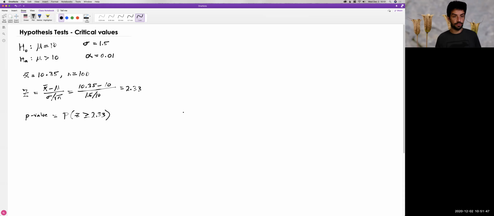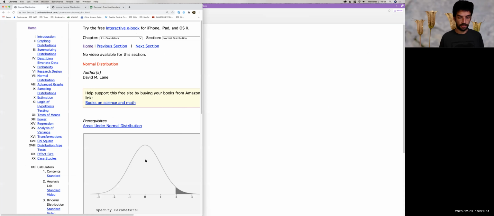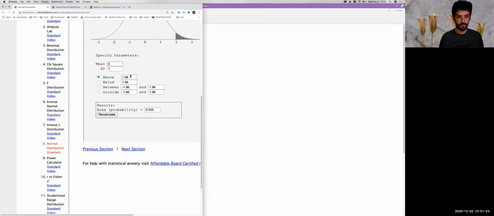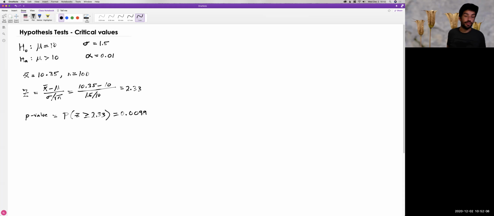And we can go to a standard normal distribution calculator. So I've got one here. I want to compute having a z-score over 2.33. I get 0.0099. So that's my p-value.